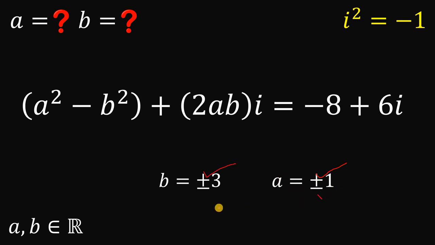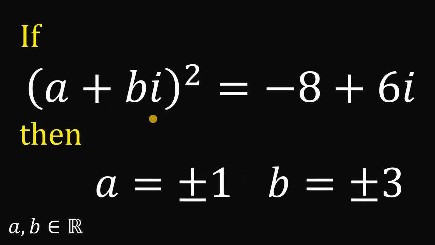And when a is negative 1, then b must be negative 3. Therefore, our answer to this question: if (a plus bi) squared equals negative 8 plus 6i, then the possible values of a and b are a equals positive or negative 1 and b equals positive or negative 3. And as always, we are done.